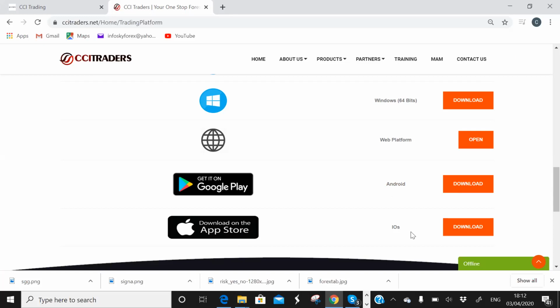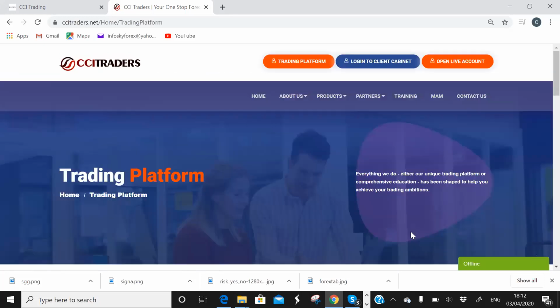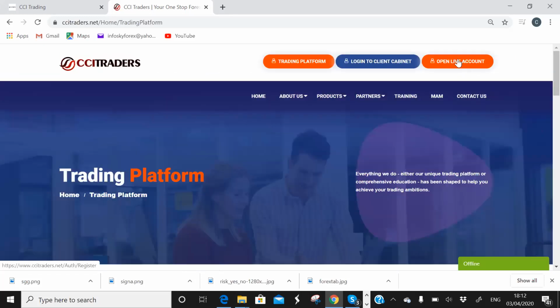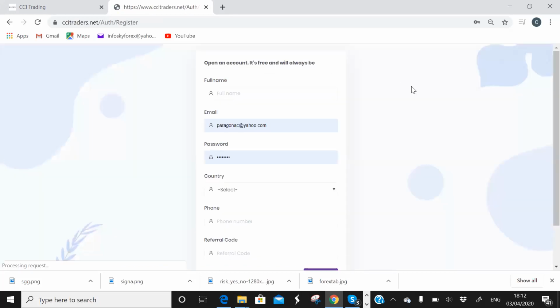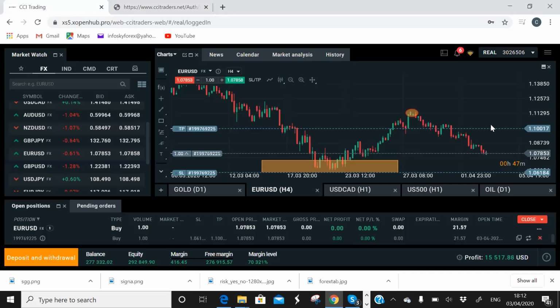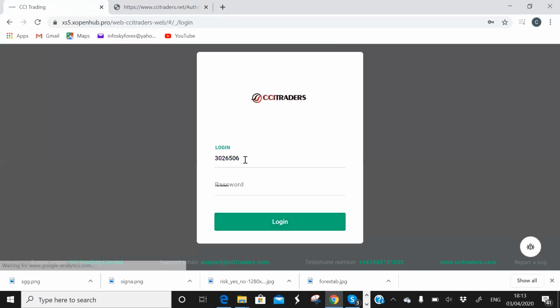When you have successfully created an account, you go to live account and open a live account and connect, and you're going to get a platform that will look like this. Okay, this is my account. Let me log out. You will get a trading platform that looks like this.